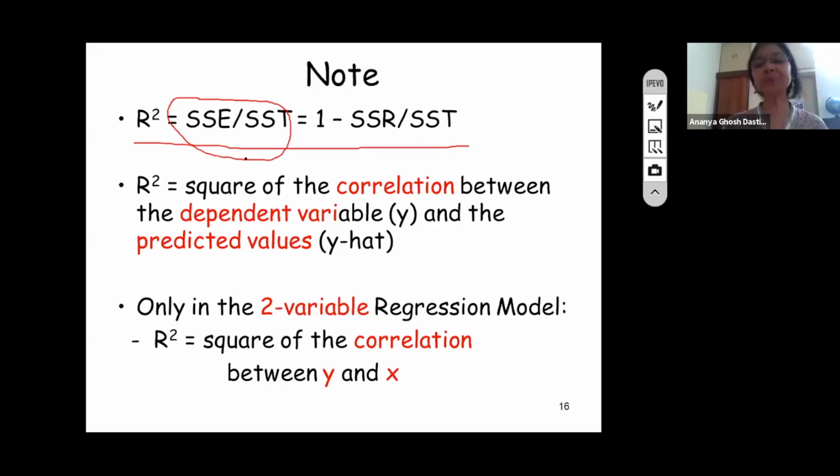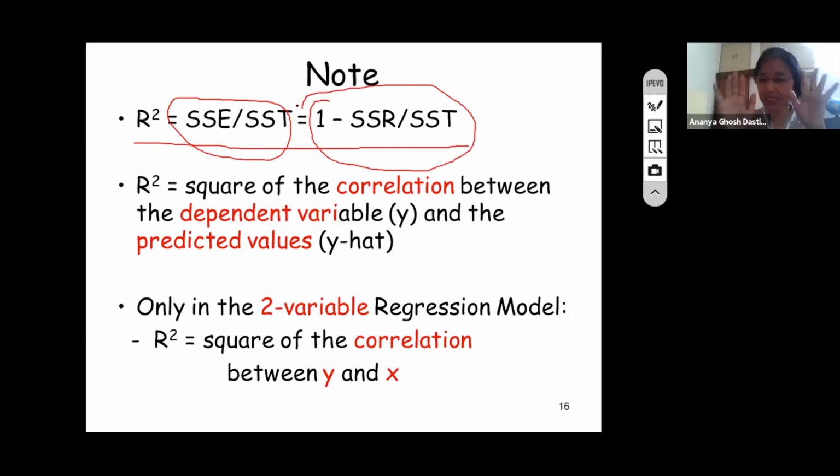Now that you know what the residual sum of squares is and the relation between predicted values and actual, you should check this when you are doing this exercise. Please check this. So the ANOVA table also gives you the residual sum of squares, which is the residual variance.